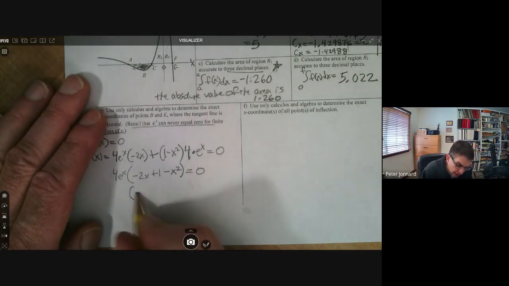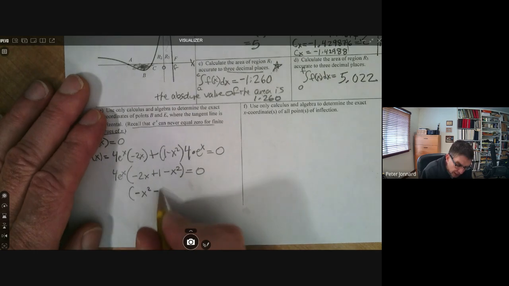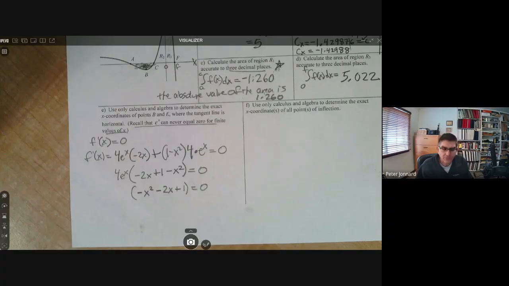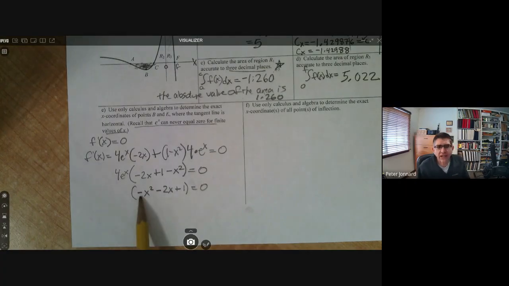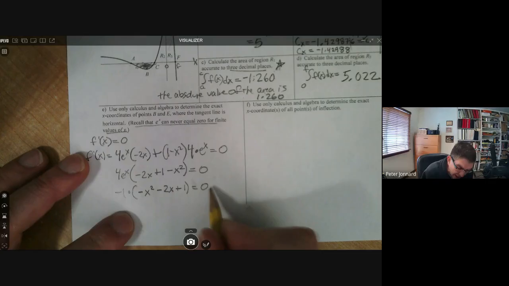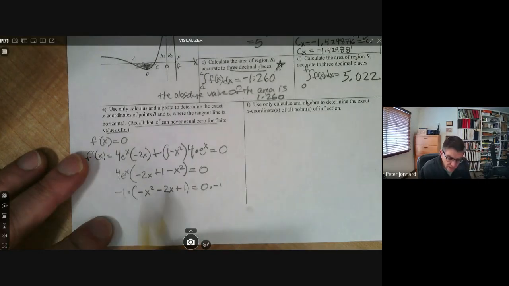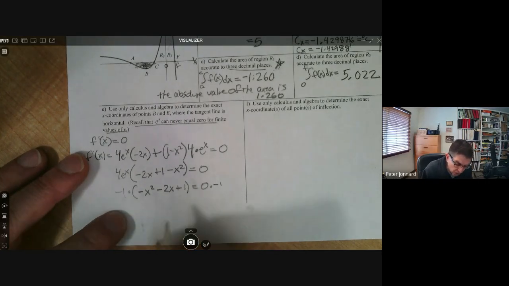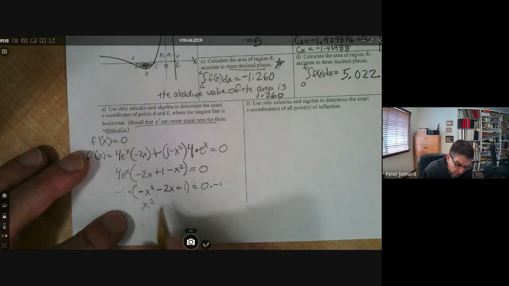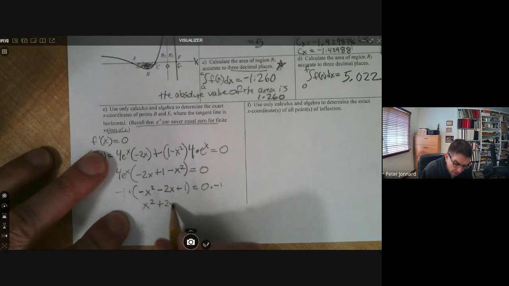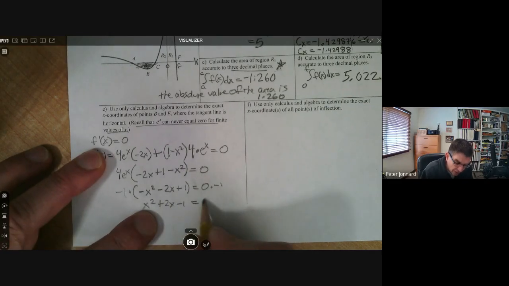So let me rethink that. Negative x squared minus 2x plus 1 is 0. Well, I don't like factoring things with a negative leading coefficient, so I'm going to multiply both sides of this by negative 1. The solutions of this will be the same as the solutions of the equation I get now, x squared plus 2x minus 1 equals 0.